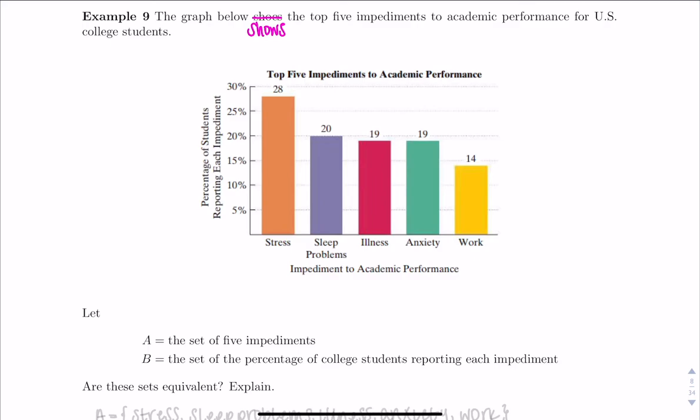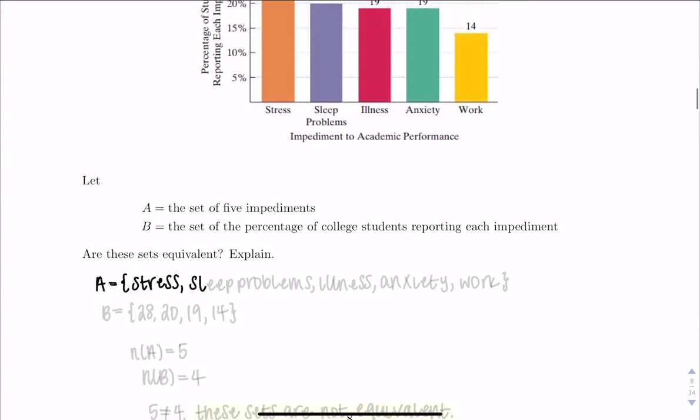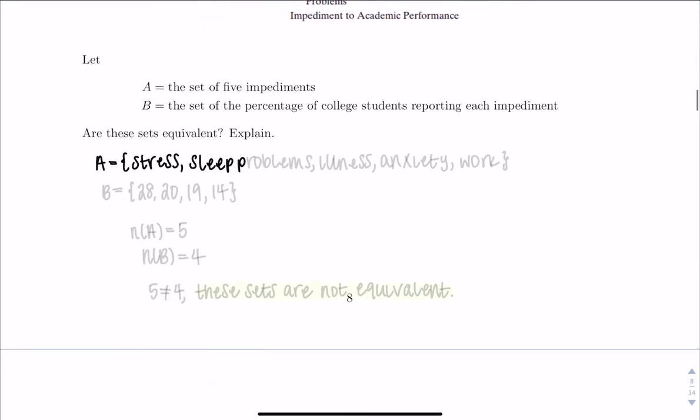Are these equivalent? So let's write down set A. Set A is our 5 impediments. So stress, sleep problems, illness, anxiety, and work.